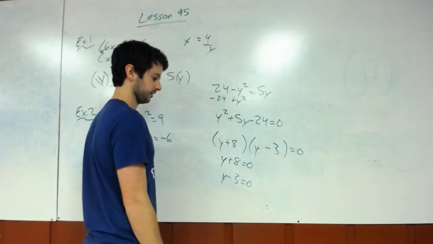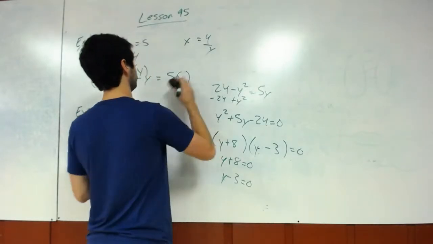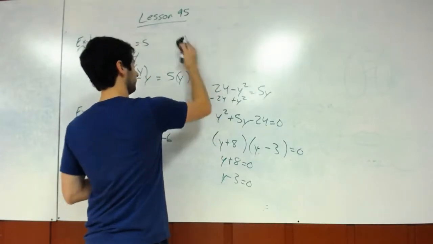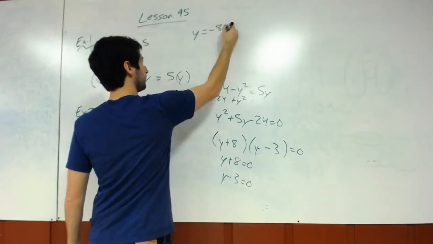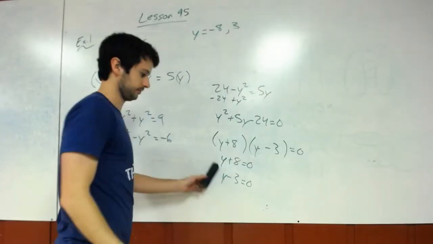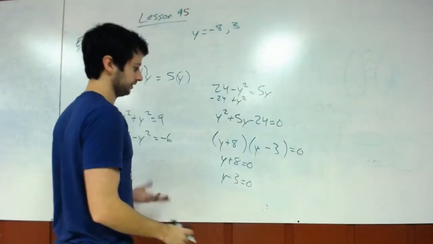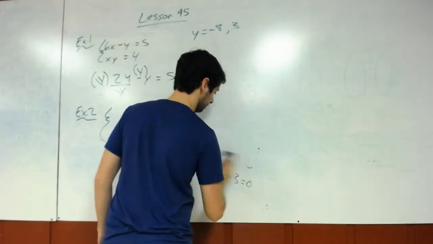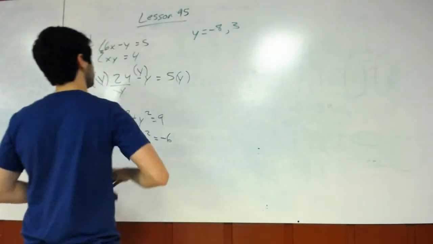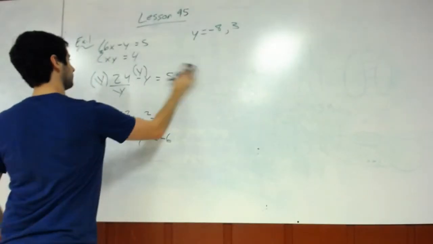So therefore, y equals negative 8 and positive 3 when we simplify. So that's how you do y. Now we can solve for x because we know two of our numbers.